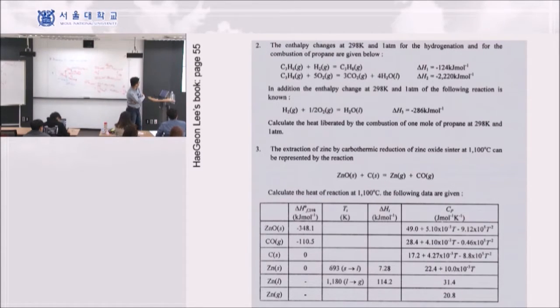And then the second one we have also, at 298 Kelvin. So it's a standard enthalpy, or the enthalpy of formation, enthalpy of reaction at 298 Kelvin. In addition, we know the enthalpy change of this one at 1 atm at 298 Kelvin. Calculate the heat released by the combustion of 1 mole of the propane at 298 Kelvin at 1 atm.